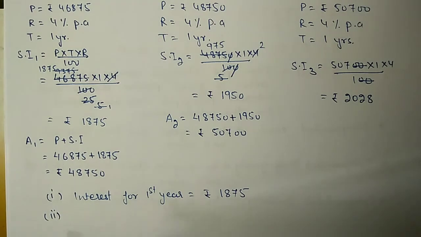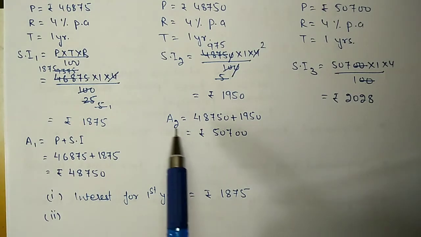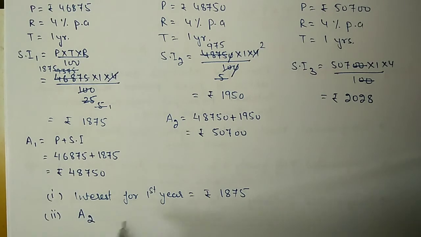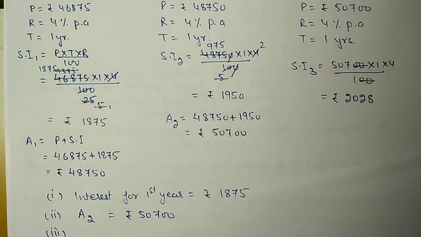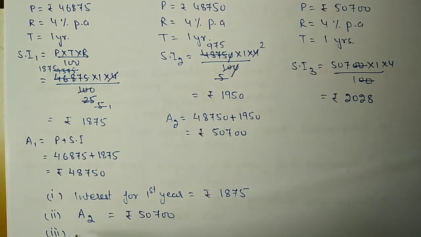Second part was the amount standing to his credit at the end of the second year. By the end of the second year, how much is the amount? 50,700 rupees. And the third part is the interest for the third year. So the third year interest is 2,028 rupees.